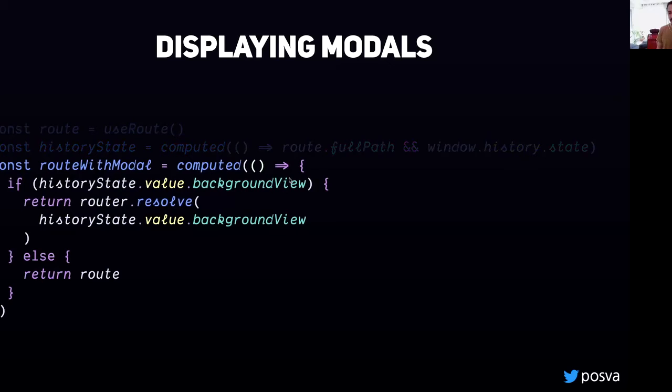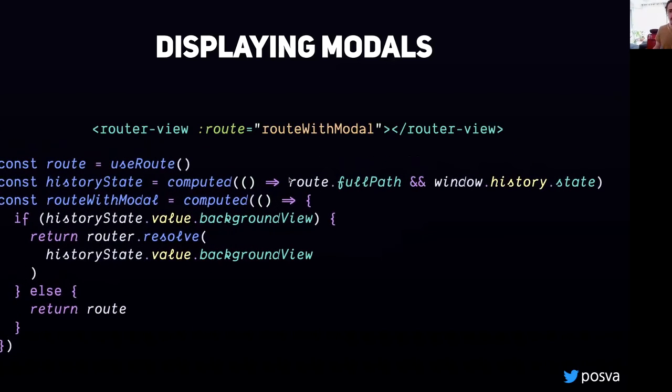We're going to see that we can write to the history state. And we read a URL there, and we use router resolve to get the actual route. And if we have a background view, we're going to resolve that route and return that as the route that we should display. Otherwise, we are going to return the route, which means that we can have a route that is supposed to display something, but we're going to display something else. And at the end, you have to pass that to the router view with a prop.